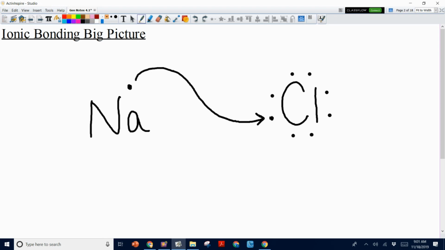When this happens, sodium got rid of an electron, and electrons are negative. So that creates an ion of sodium with a +1 charge, because only 1 electron was removed. Chlorine gained 1 electron, so it gained 1 negative charge because electrons are negative.